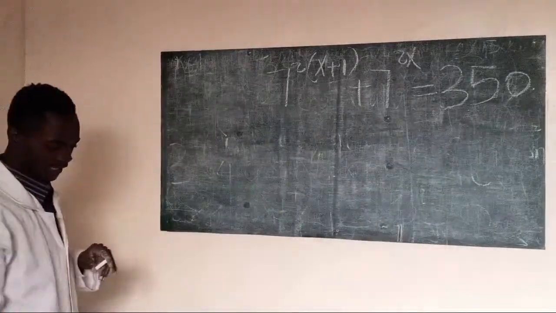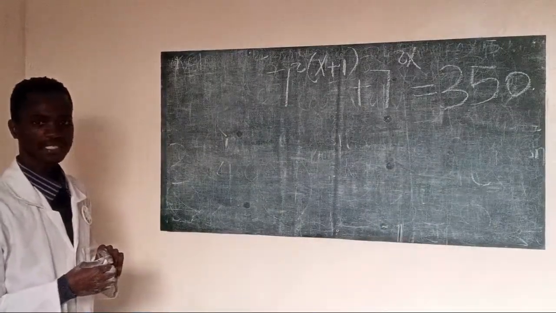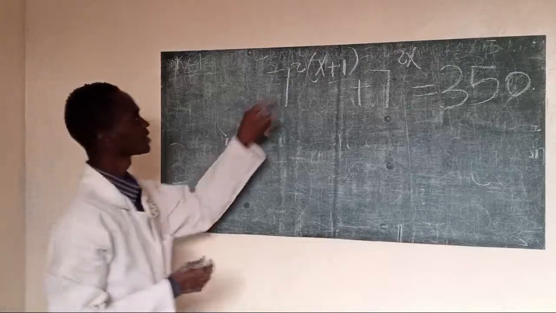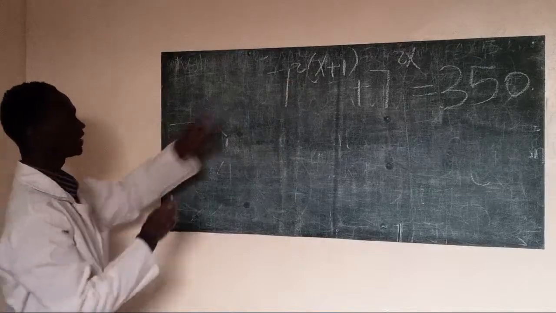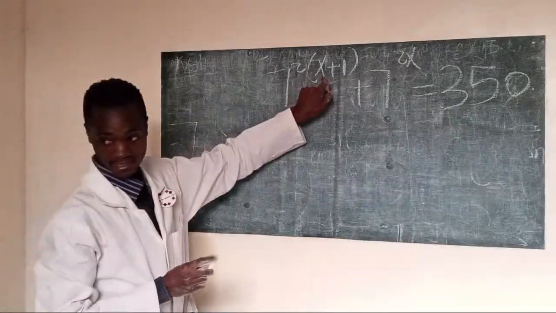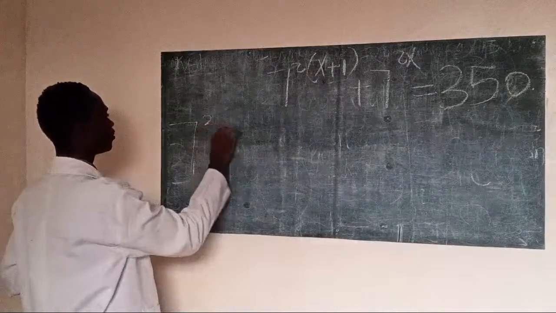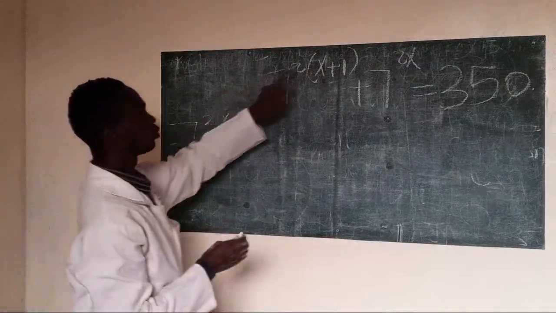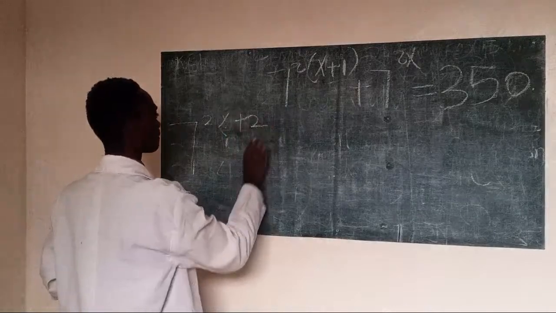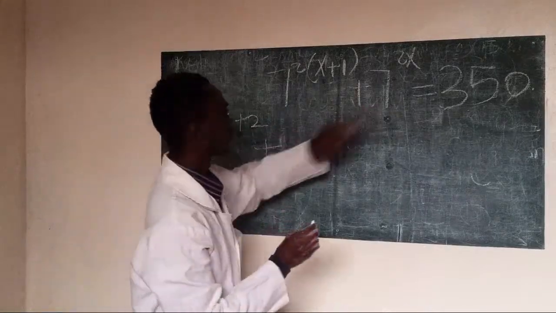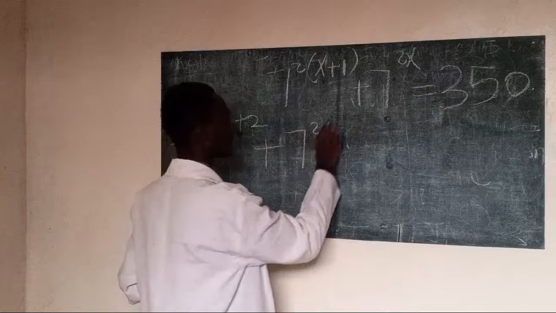We expand, expanding is opening the brackets. Equal 7 to the power, 2 times x, 2x, 2 times 1, 2, plus, okay, that one remains as it is.